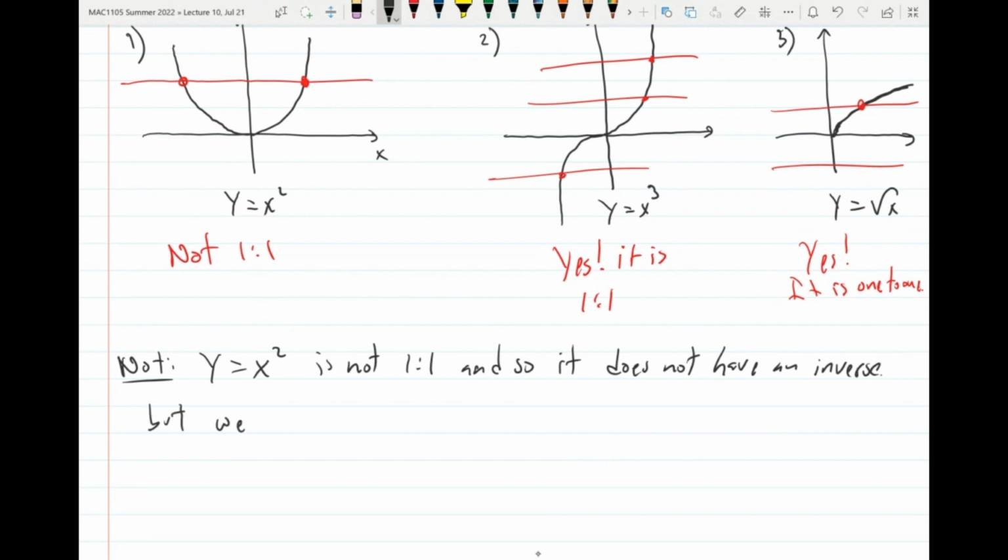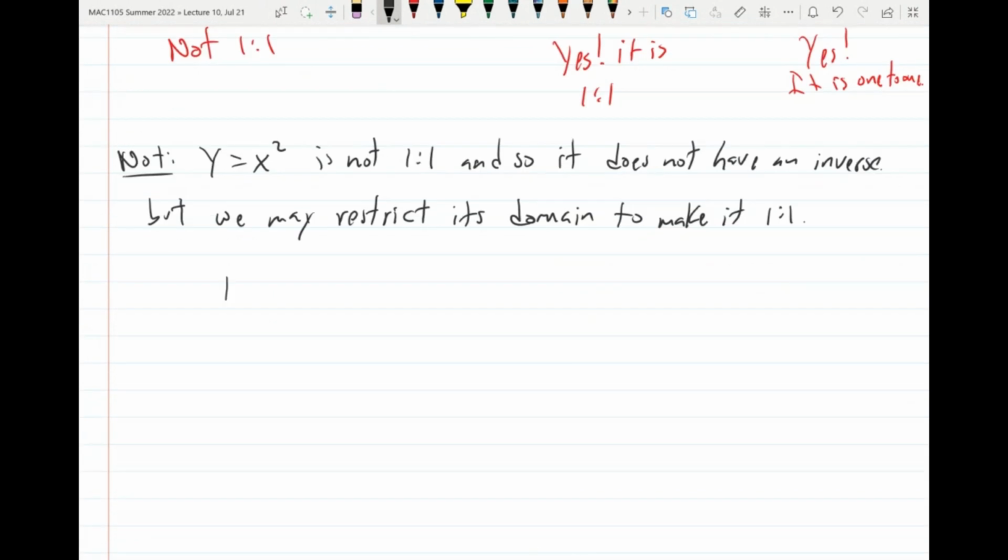But we may restrict its domain. It's called restricting the domain. We may restrict its domain to make it 1-to-1. Graphically what we do is, I don't really need the whole thing. I just need to look at this part, okay? If you look at this part, notice that this is now 1-to-1. This passes the horizontal line test.